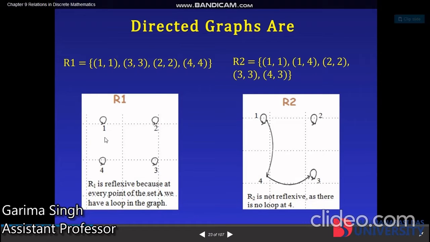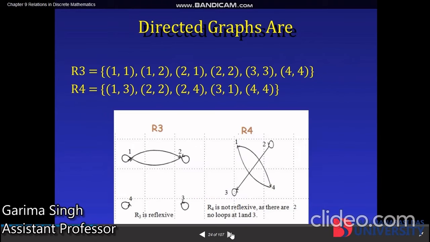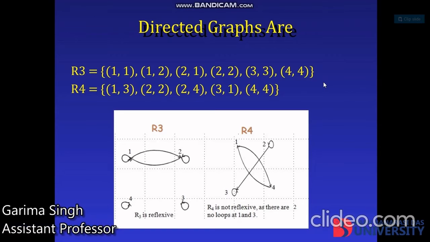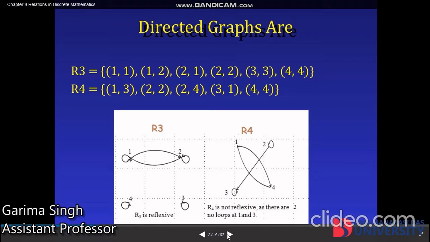So whenever a self loop is present, it is reflexive. Whenever the self loop is not present, it is not reflexive. See, 1 to 1, 1 to 2, 2 to 1, 2 to 2. So this is also reflexive as it contains all the pairs. You can represent it in tabular form, as a set, or as a graph, whatever you want.